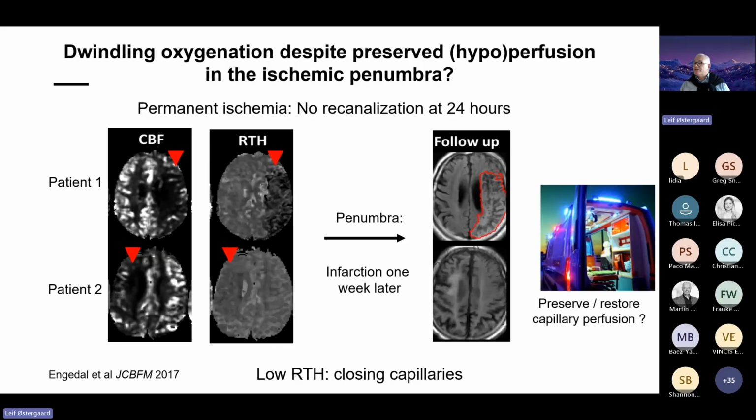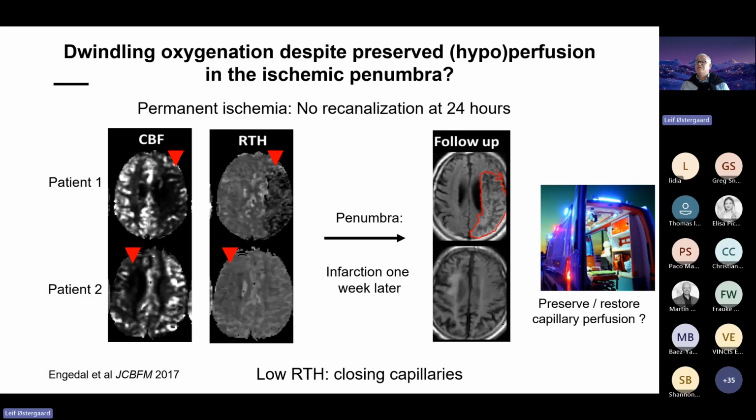And of course, this raises the question, what if we could preserve perfusion? What if we could give a pill in the ambulance that would cause capillaries to stay open? If we could somehow give patient 1 a pill so that the brain looked like patient 2's brain in terms of RTH, could that tissue have survived even without restoring blood flow?